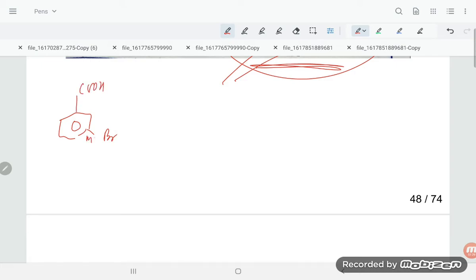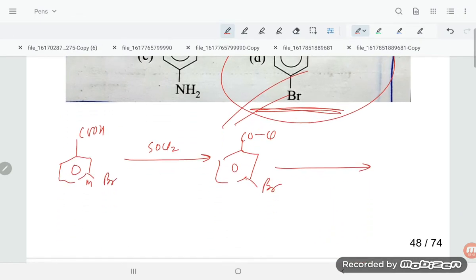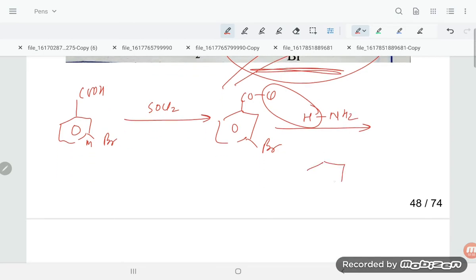If you are treating with thionyl chloride, it will give acid chloride, so COCl will come, and here will be Br only. Again you are treating with what, student? NH3, so HCl is out, and it is going to give CONH2. This is the amide. Here is Br.